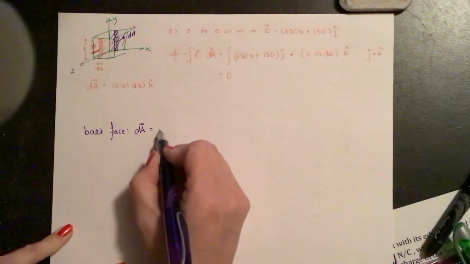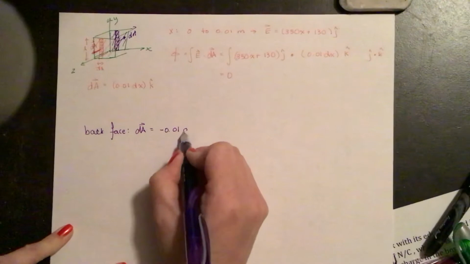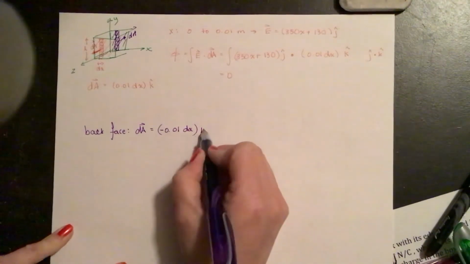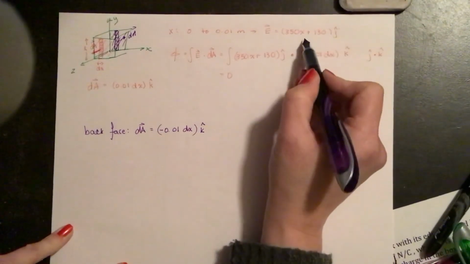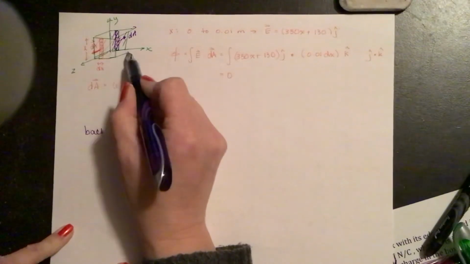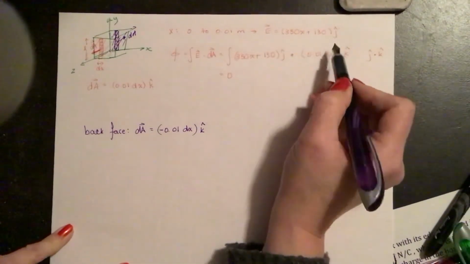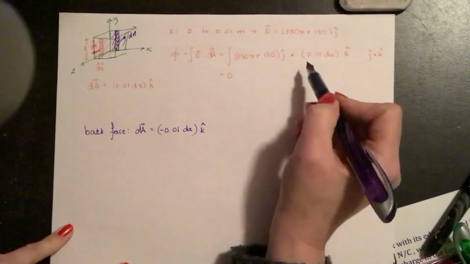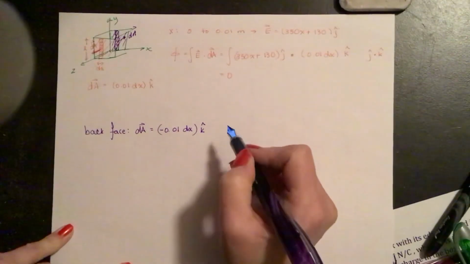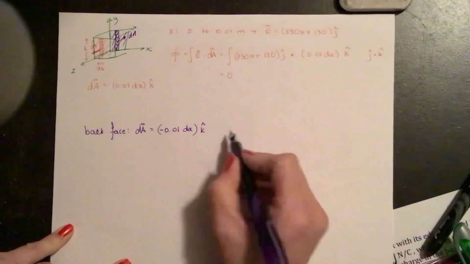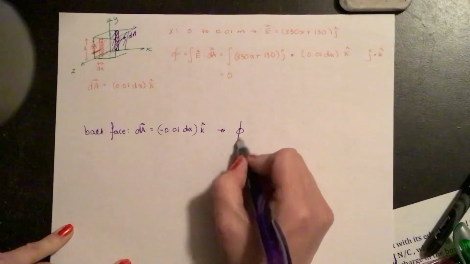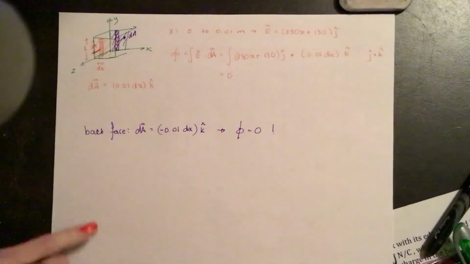This time it's in the negative k hat direction. My electric field is exactly the same because the x value still varies and it's in the same direction. So I'm going to get exactly the same result for my back face as I had for my front face, and my net electric flux equals 0.